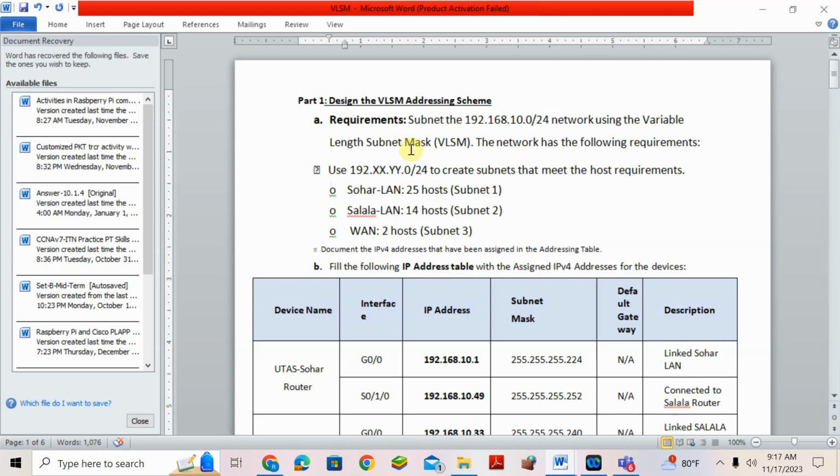So variable length subnet mask means when I divide a network into 3 or 4, whatever you are dividing, each subnetwork requires a different number of IP addresses. In this case, one requires 25 IP addresses, another requires only 14, and the WAN requires only 2 host addresses.